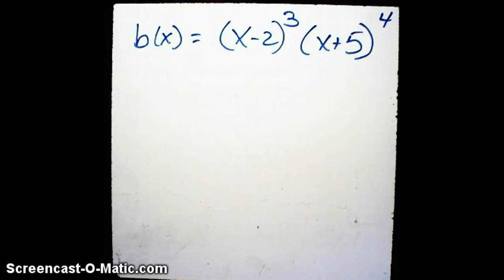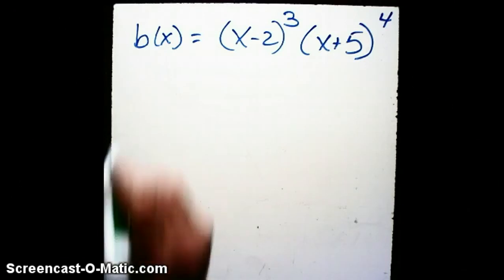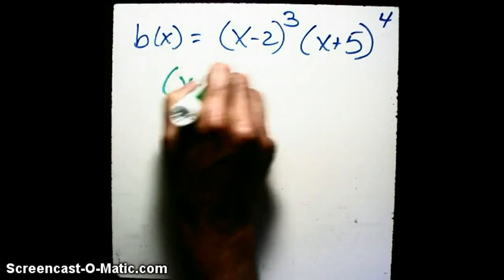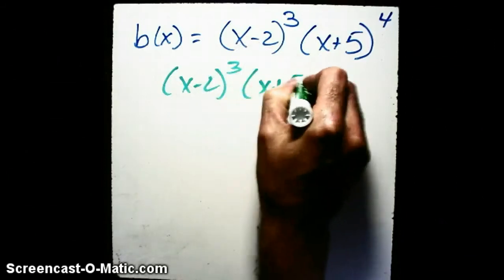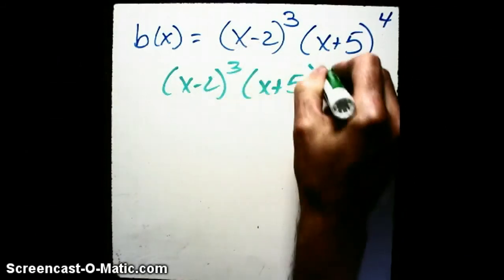Okay, now here's a question. Could you tell me the zeros, and could you come up with a general ballpark figure of the graph? Well, good question. Okay. Well, let's find the zeros. So here we go. x minus 2 cubed times x plus 5 to the fourth.